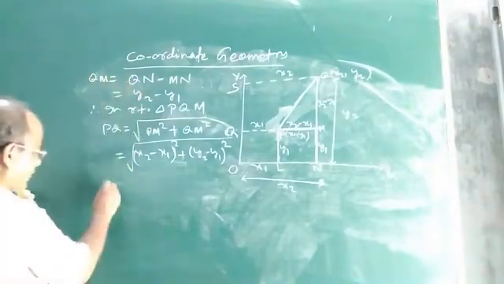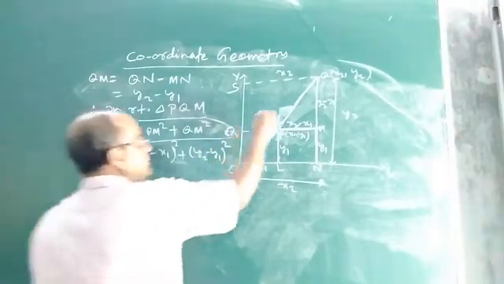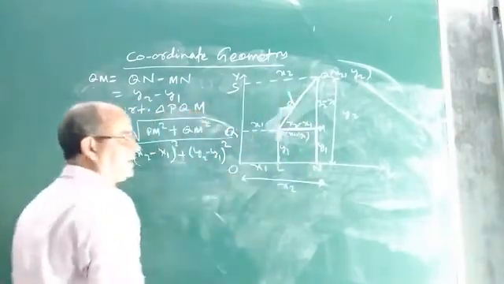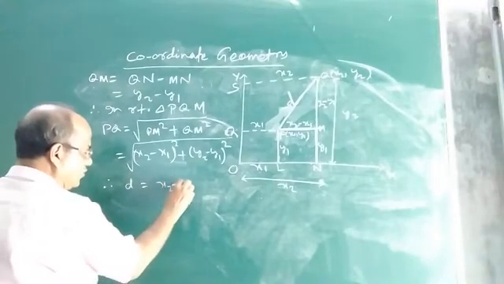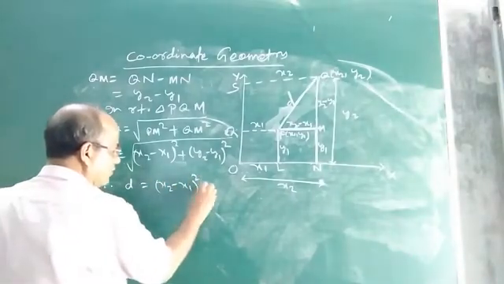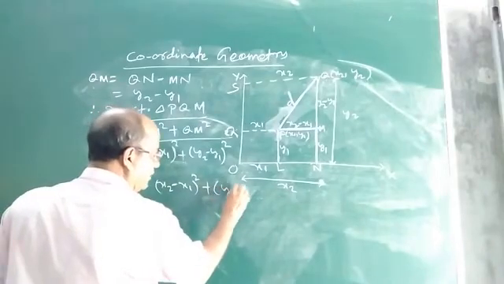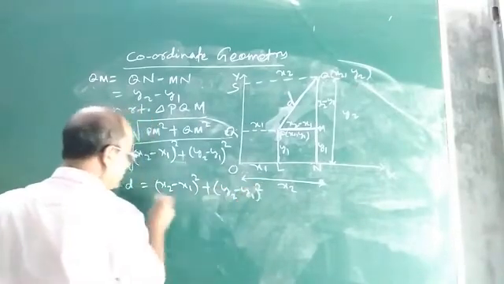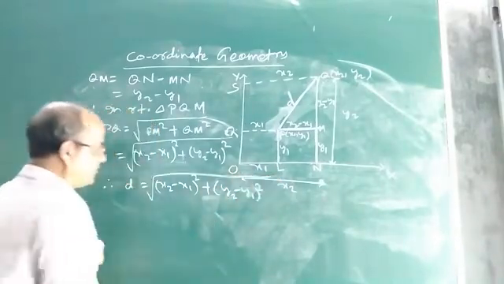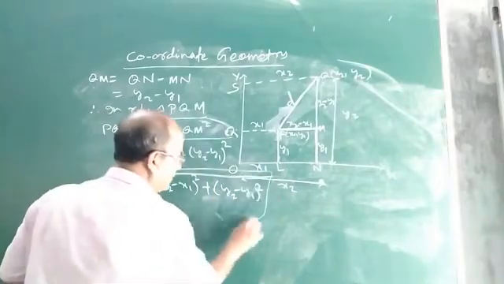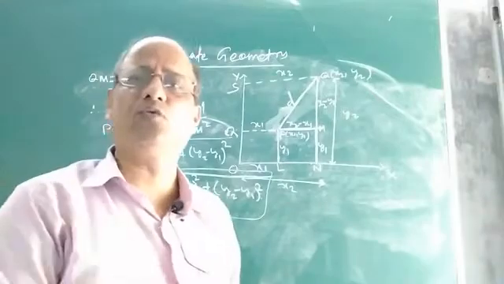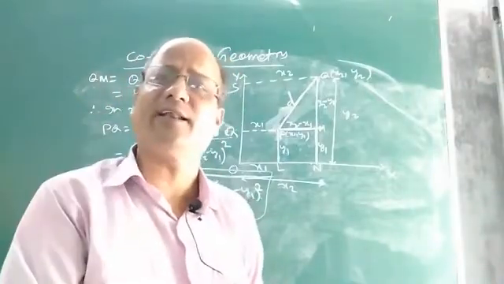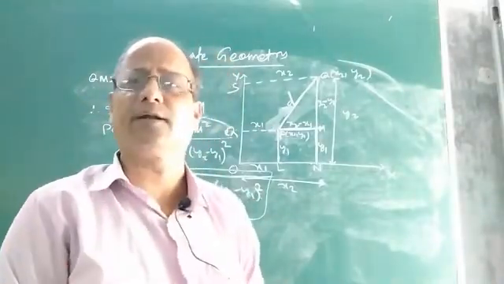Let us denote this distance by small d. So d equals the square root of (x2 minus x1) whole square plus (y2 minus y1) whole square. This is the distance formula to find the distance between two points whose coordinates are given in the Cartesian plane or the coordinate plane.